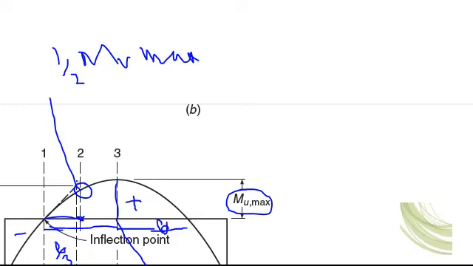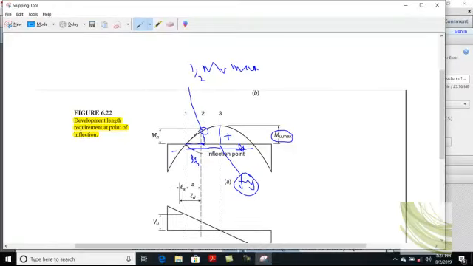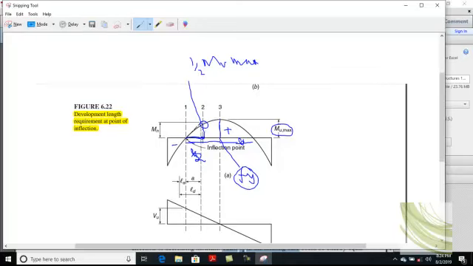this maximum moment. So if I draw a vertical line at this point, and the development length for point 3 reaches to the point of inflection, then the development length available for this theoretical point, where half moment is present, will be L by 2, as this point 2 is at the halfway to the point of inflection.